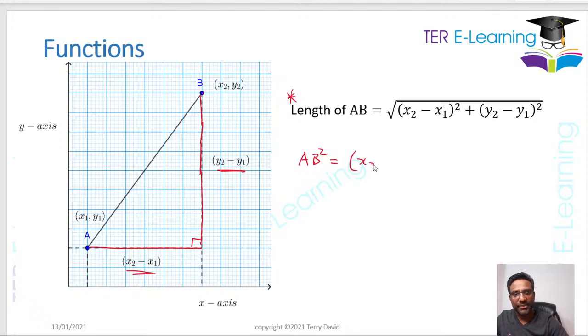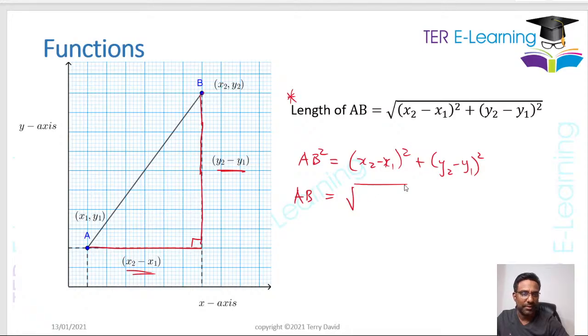So it's going to be x2 minus x1 squared plus y2 minus y1 squared. Therefore, the length AB is simply equal to the square root of all of this, which is x2 minus x1 squared plus y2 minus y1 squared.